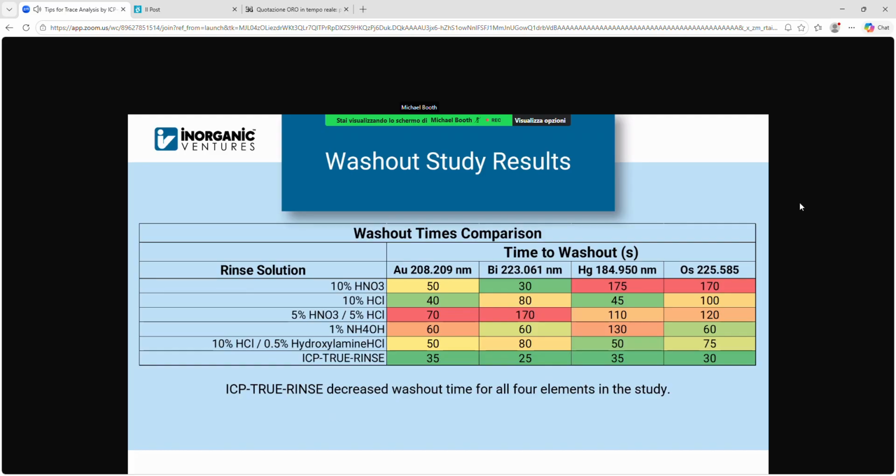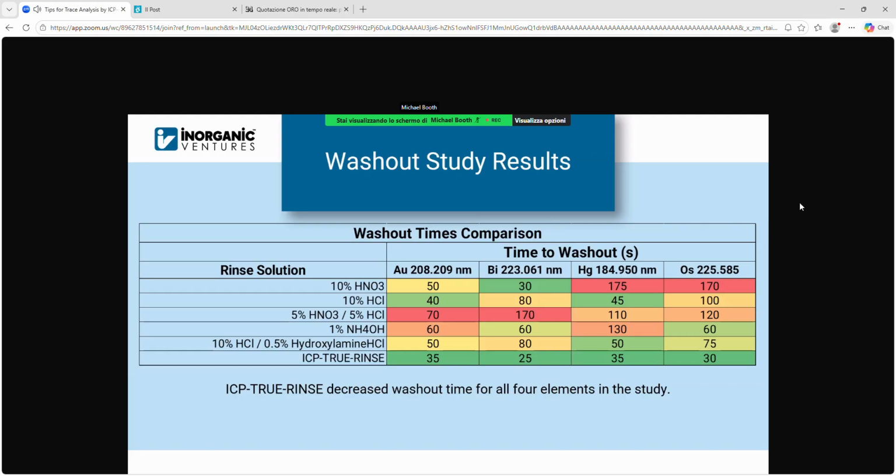So we looked at gold, bismuth, mercury, and osmium just to see, as we run high concentrations of this through, how long it takes to go back to baseline with our rinse solution. You can see ICP True Rinse performed extremely well with all these elements. Some are closer than others. For instance, if you look at bismuth, 10% nitric and ICP True Rinse were coming very, very close.